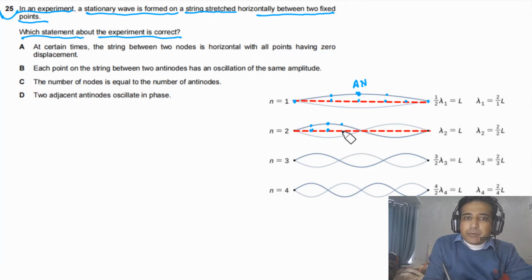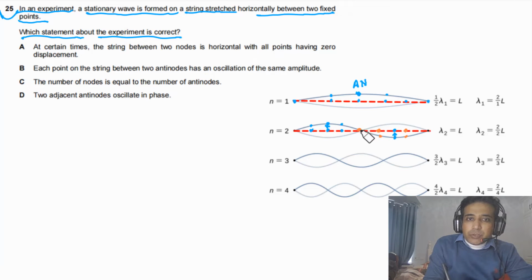Because this particle initially will be moving down, this other particle will be moving up. After time T/4, this particle also will be on this horizontal line, and every other particle, after T/4, also will be on this horizontal line.